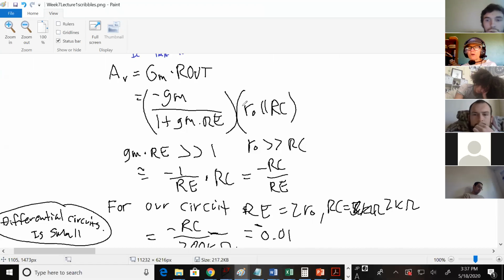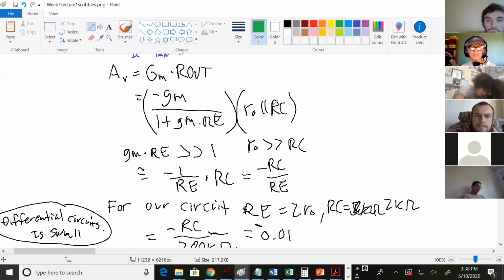Okay, what about RO in parallel with RC, if RO is much bigger than RC? Just RC.